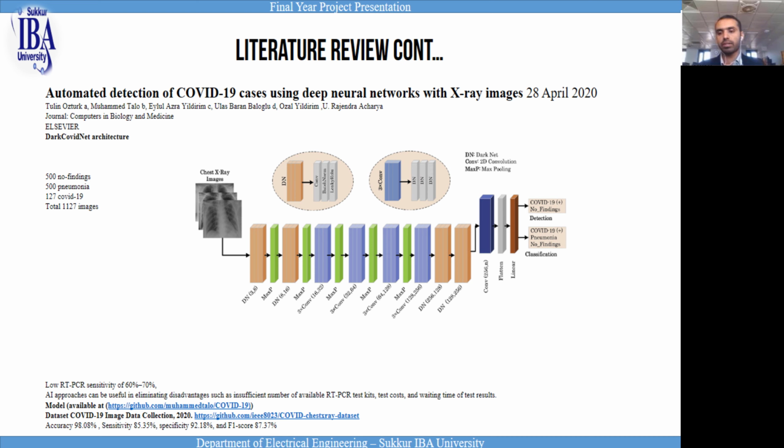We see that COVID-19 images are still smaller in size, and the total data set contains 1127 images. And for accuracy and sensitivity of PCR, they have reported that it's between 60 to 70, and their model is available here, and the data set they have taken from this website.